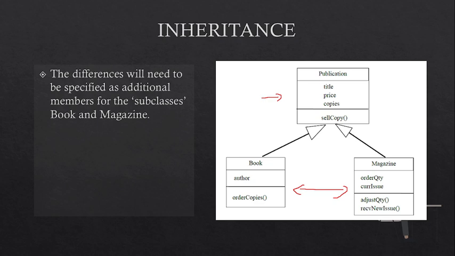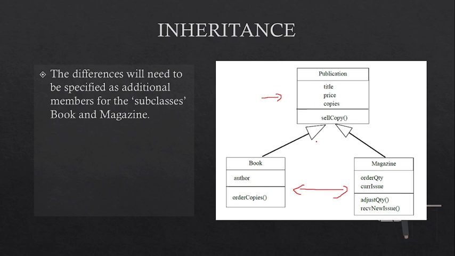Since all of these are common, book and magazine can inherit or just copy all of these properties, all of these attributes from the superclass.